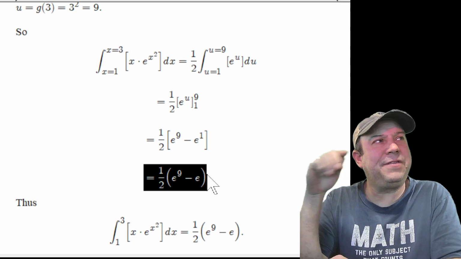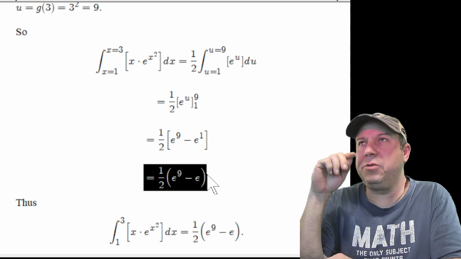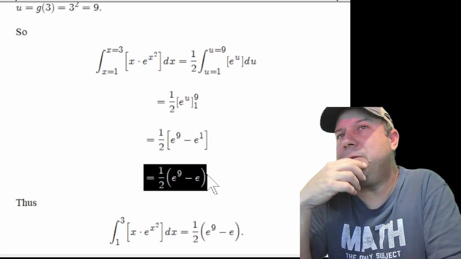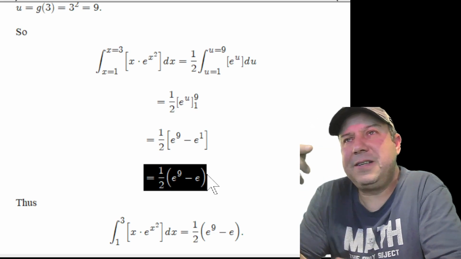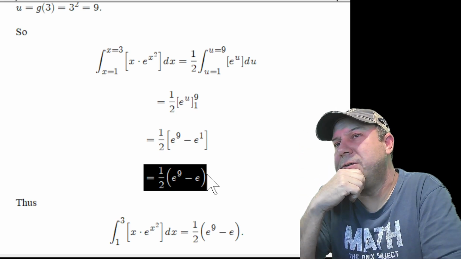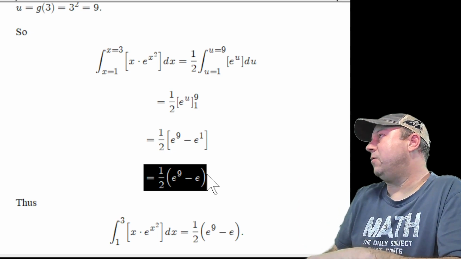All right. Definite integrals, which we're interested in, will produce numerical values, whereas indefinites, antiderivatives, will be families of functions. So here we get this numerical value as our answer.